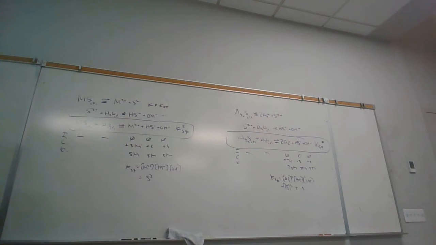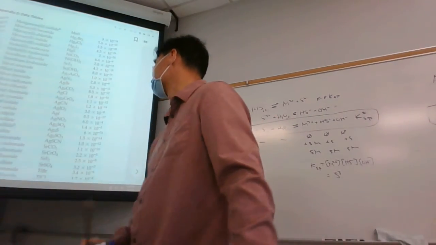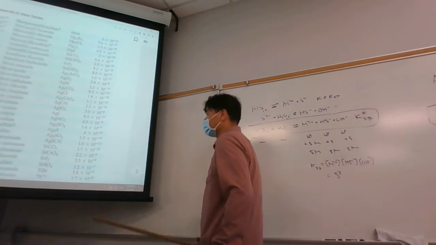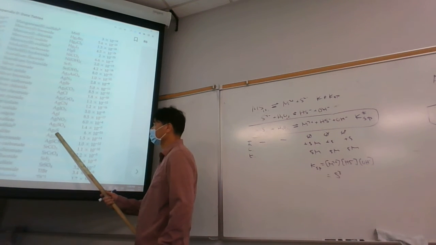So it's just different. For sulfides, we have to treat these differently. But even though sulfide reacts, we can use HS minus as a surrogate for sulfide, and HS minus will react to form sulfide as well.